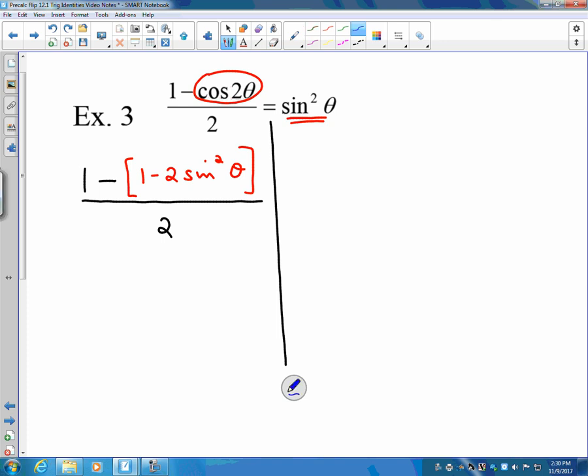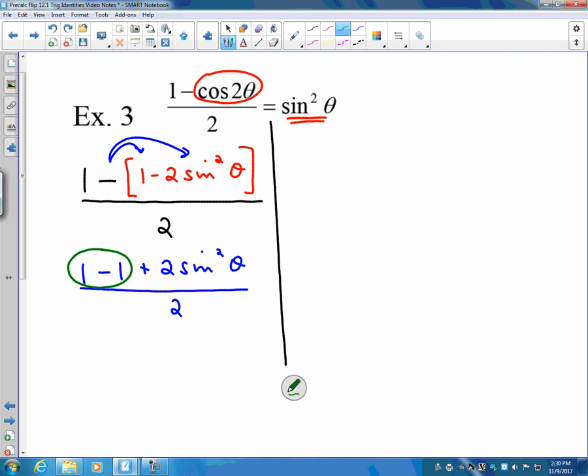All right, let's distribute this negative here. Let's see what happens when we do that. So we get 1 minus 1 plus 2 sine squared of theta all over 2. That's kind of nice, right? Because this drops out. 1 minus 1 is 0. So I've got 2 sine squared theta over 2.